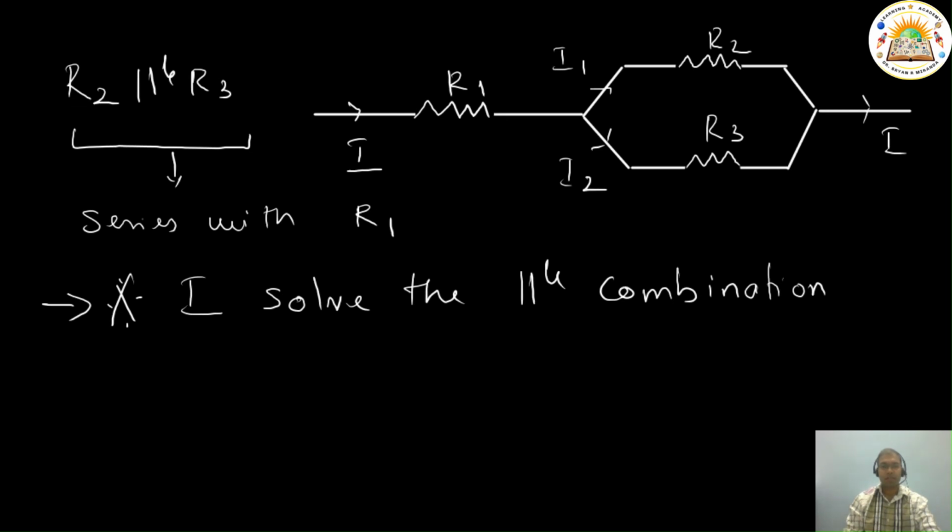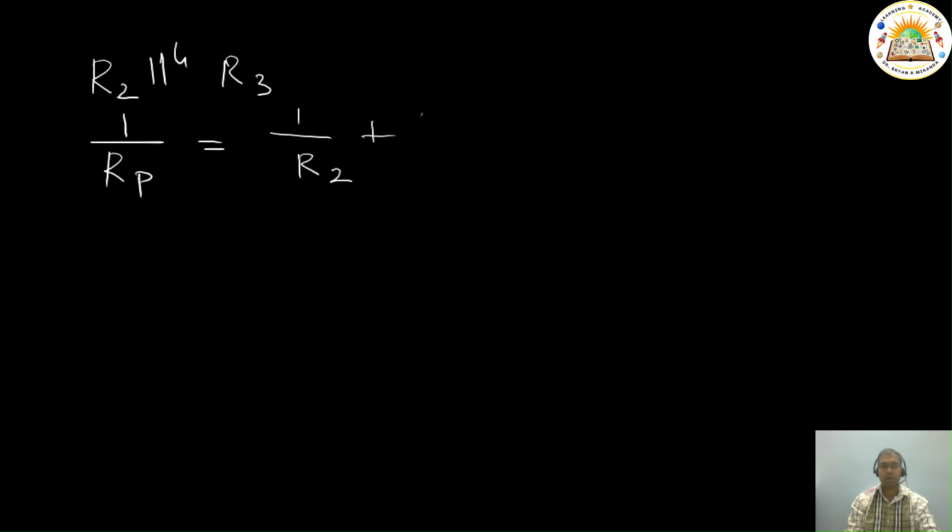So resistance in parallel, I have got R2 parallel to R3. For resistance in parallel, we always take 1 by Rp, always remember that, equal to 1 by R2 plus 1 by R3. So we can take the LCM and solve.